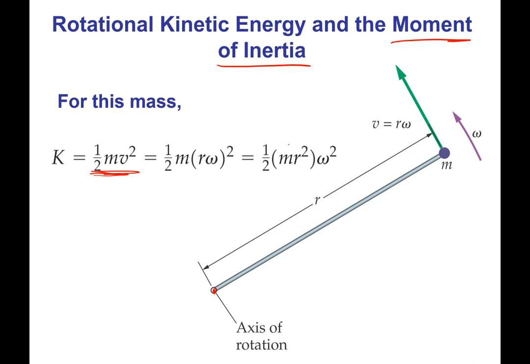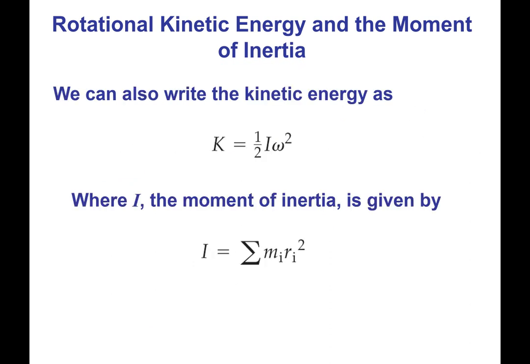Then all they did was manipulate, because that square has to go to both, and then you get this part right here. That part takes the mass into consideration, and because it's squared, if it goes in a circle it's going to go that far in that direction also. That right there is your moment of inertia. And so we can substitute the mr squared for I.